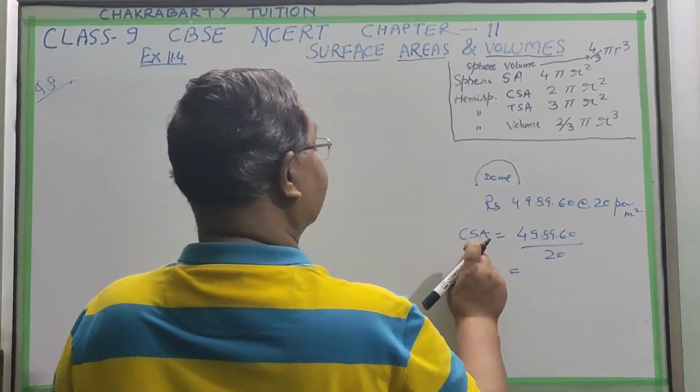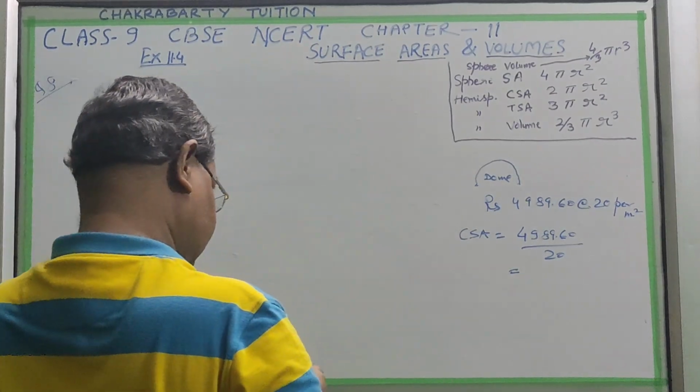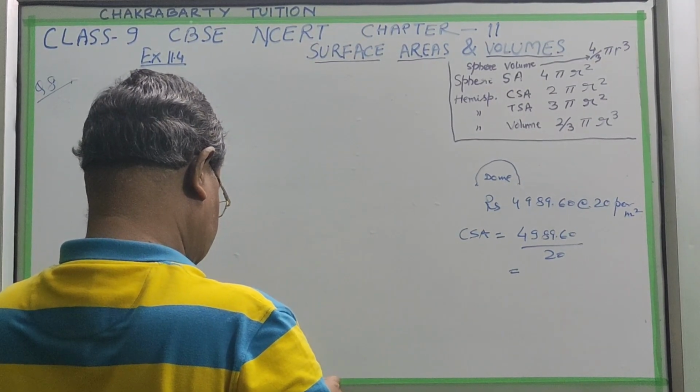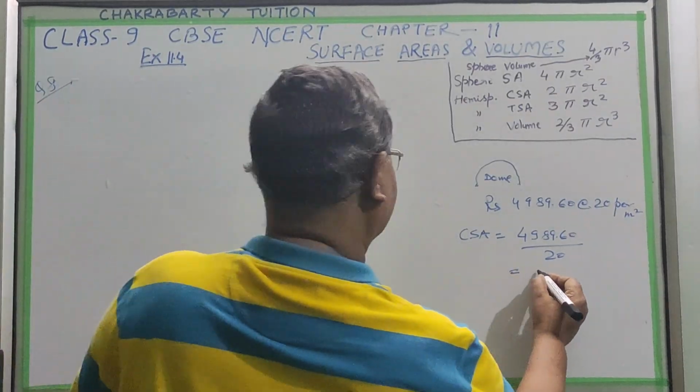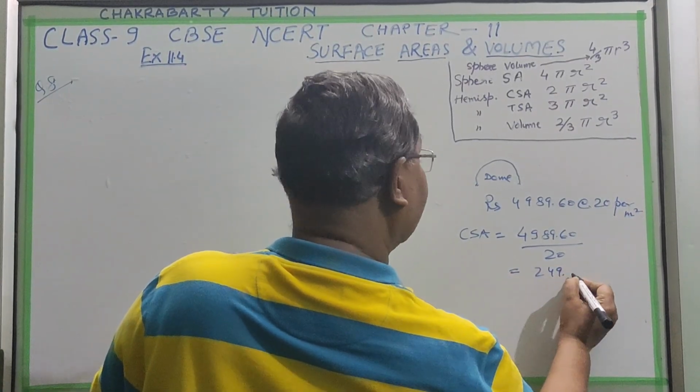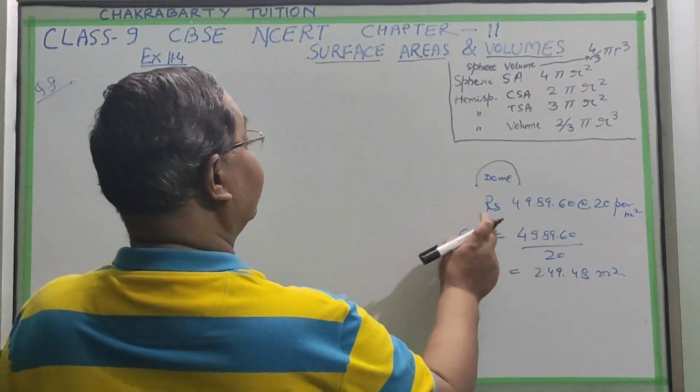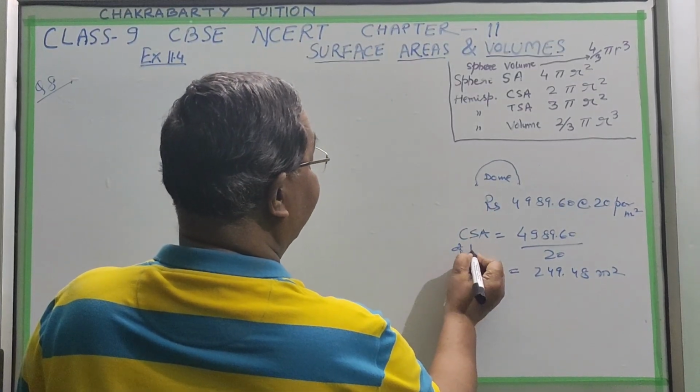So the inner curved surface area will come out. I am using the calculator. So it will come to 249.48 meter square. This is your curved surface area of the hemisphere.